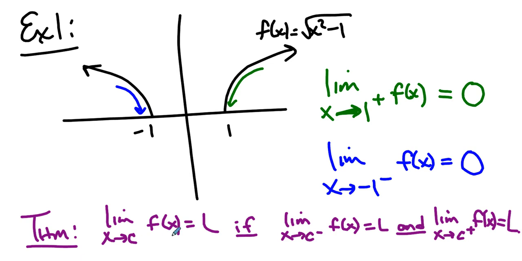When we approach c generally, we approach c from either side. So it has to be L as you come from the left. It has to be L as you come from the right. Those have to match, and they have to be L.